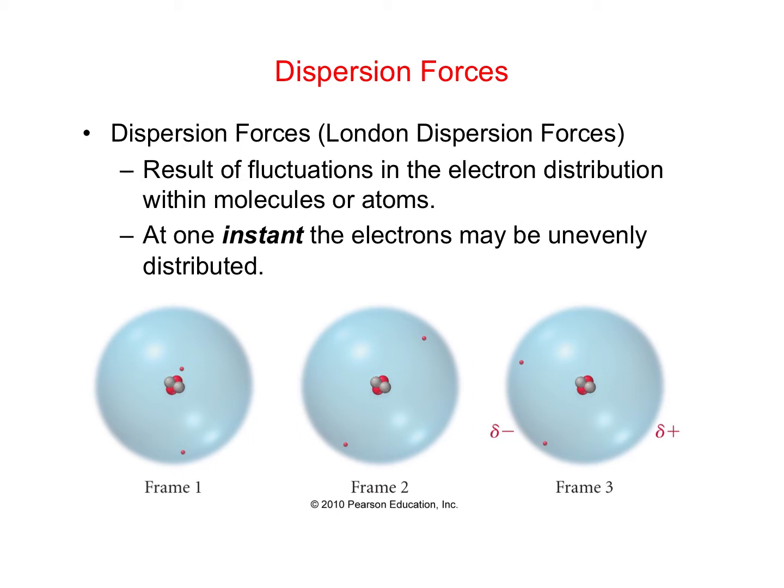When that happens, there's an uneven distribution of electrons, where temporarily, because the electrons aren't stopping, we have a partial negative side of the atom or molecule and a partial positive side. We might call this an instantaneous dipole moment. It only exists for a tiny fraction of time, but it exists as a dipole moment nonetheless for that short fraction of time.